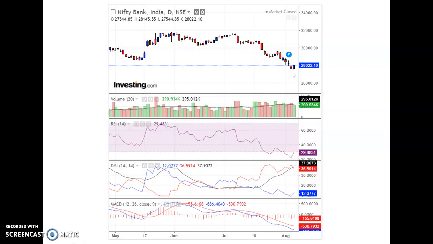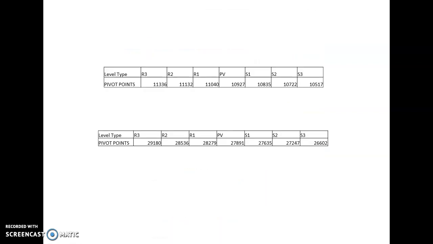The important pivotal level that will act as a crucial support for the index is placed at 27,364 to 27,365, followed by 27,247.